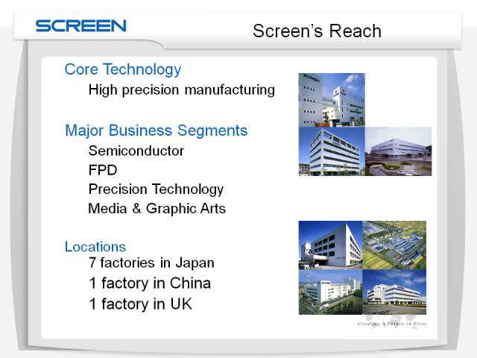In terms of our major business segments, we have 4 segments: semiconductor, flat panel display, precision technology, and media and graphic arts. Let me give you a little overview on each segment. In terms of semiconductor, Dynapon Screen holds the market share in the single wafers and batch type cleaning equipment.